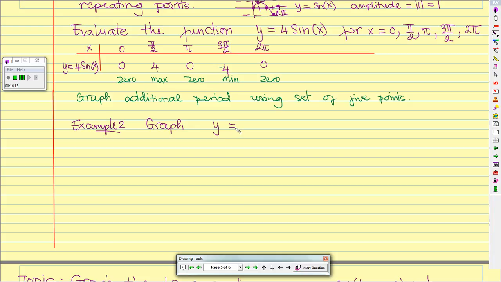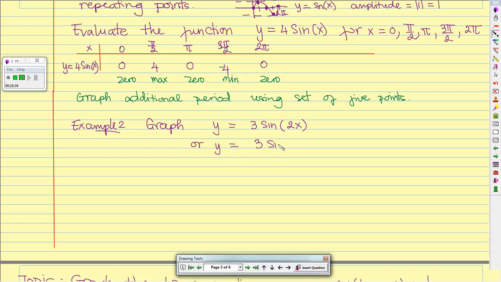Okay, so let's graph the function y equals 3 sine of 2x.